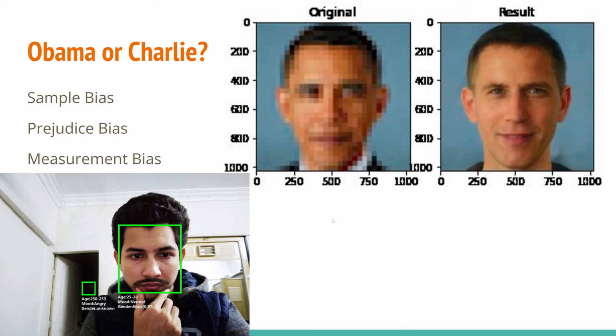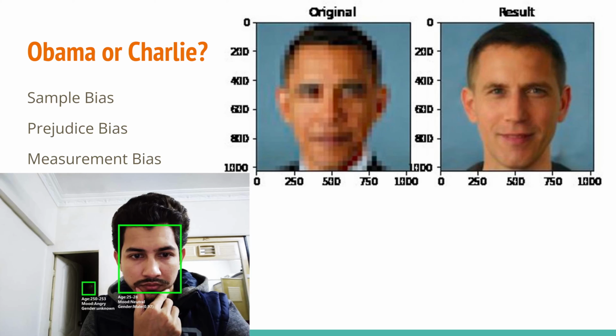So biases are an immense thing in machine learning, and you need to be aware of your biases because you will put them in without even realizing it. Sample bias is something that comes up a lot, and it usually depends on what country you're in. So if you're looking for photos of people, you might accidentally get too many photos of one type of race of people, or maybe just one type of specific person.